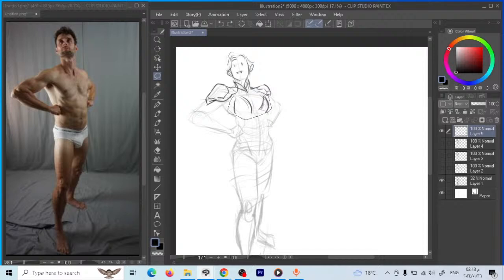Make the breast kinda low, sorry. And this is like a rough idea for this vampire. That will look actually good.